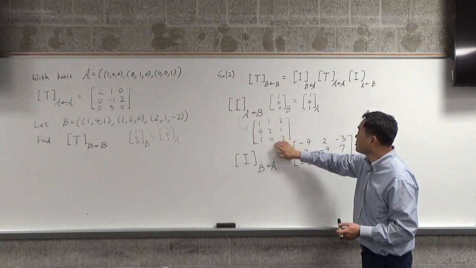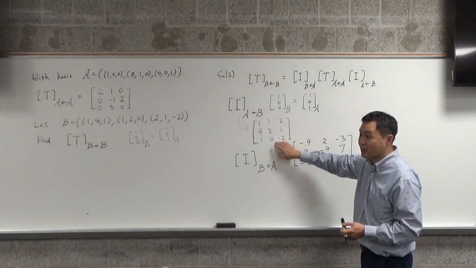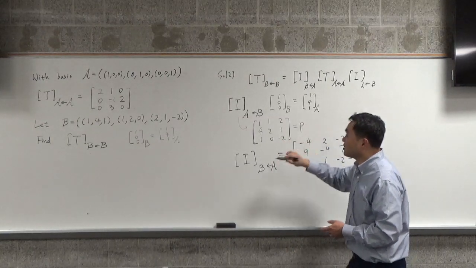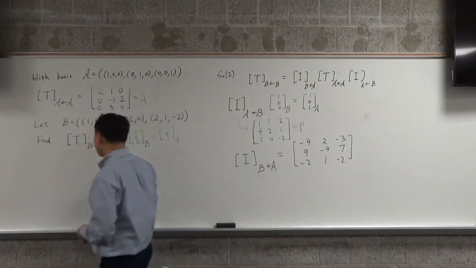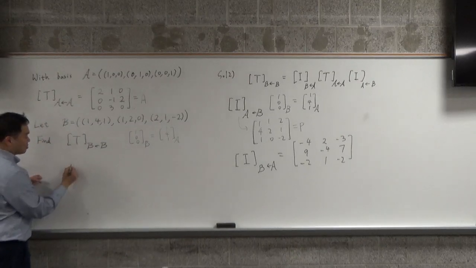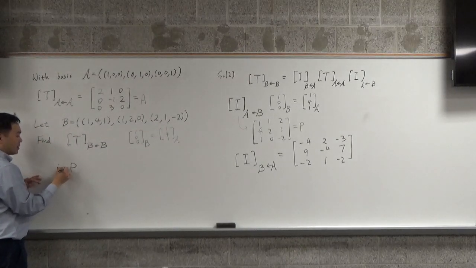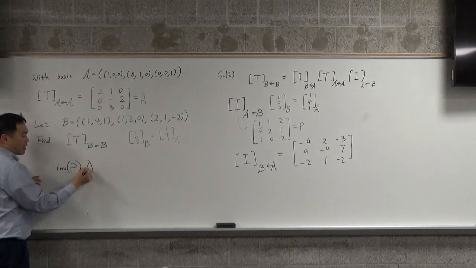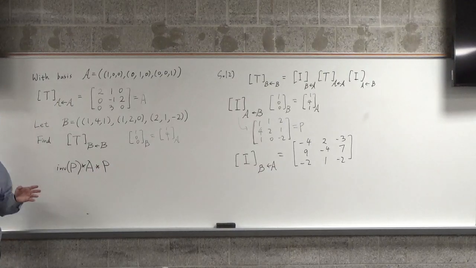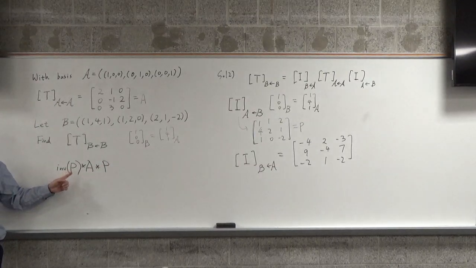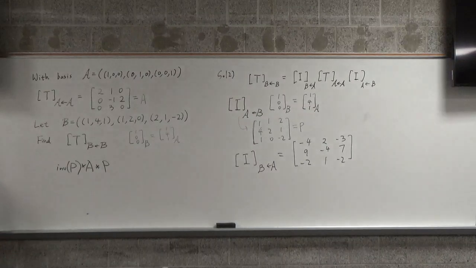You have this matrix, call it P, and this matrix, call it A. And then we're doing the inverse of P times matrix A times matrix P. Or you can call this B. Then when we do that multiplication, we would get the answer.